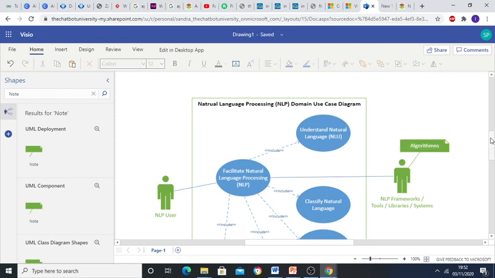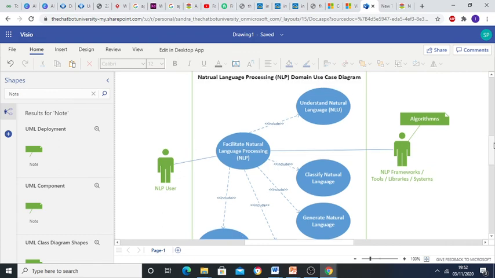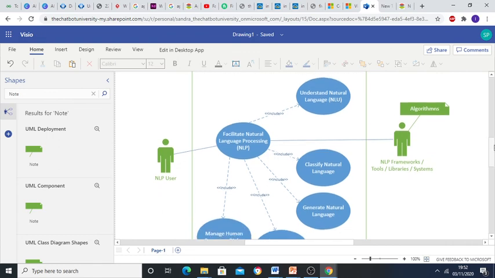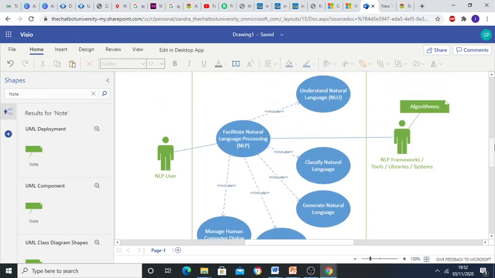So you've come here. We have now got a use case diagram specific to natural language processing. We have achieved that objective, I'm very happy to say.